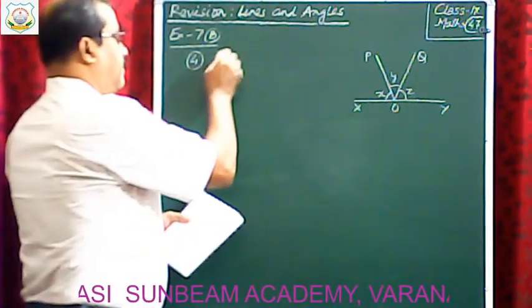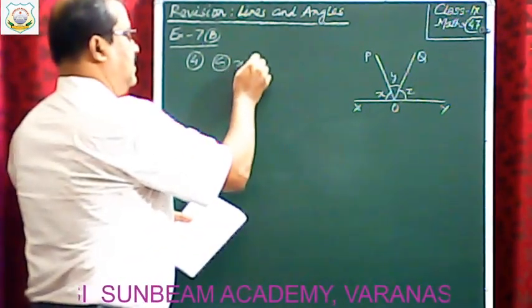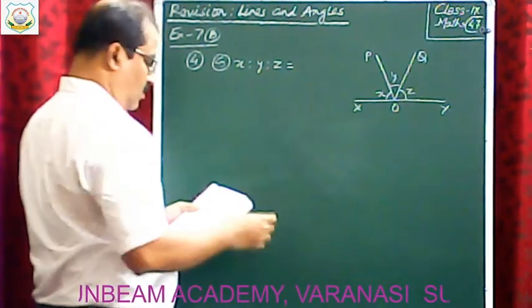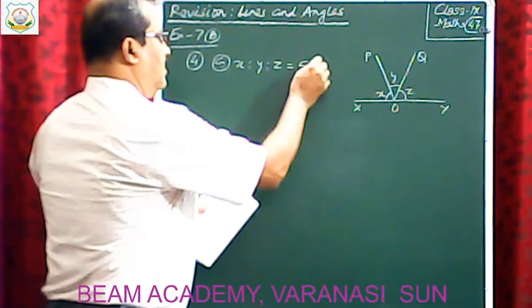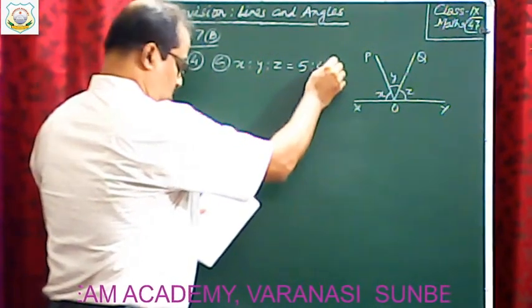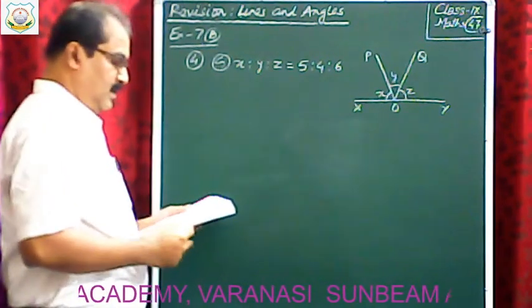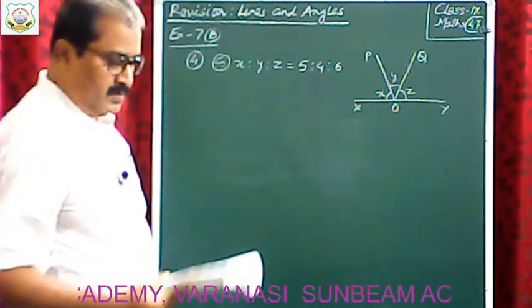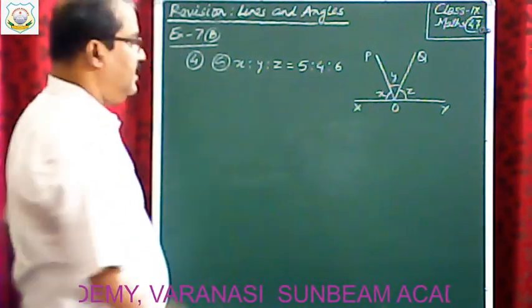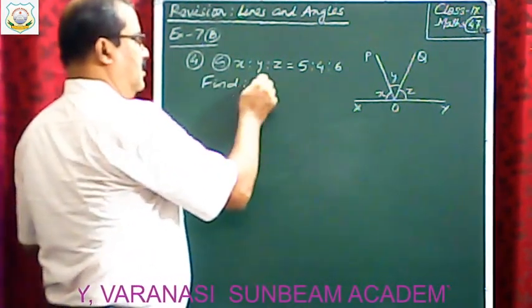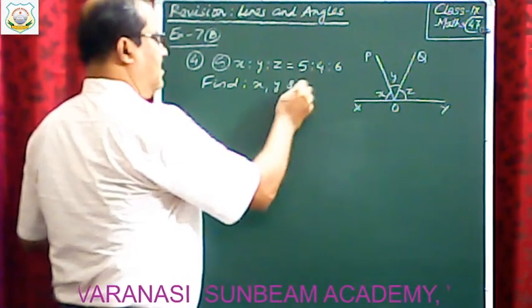Given x : y : z equals 5 : 4 : 6, and you have to find the values of x, y and z.